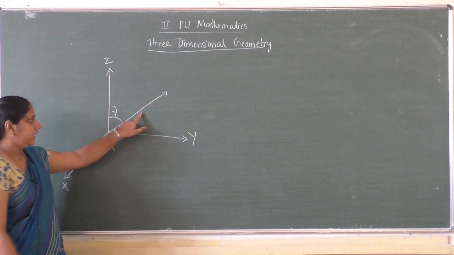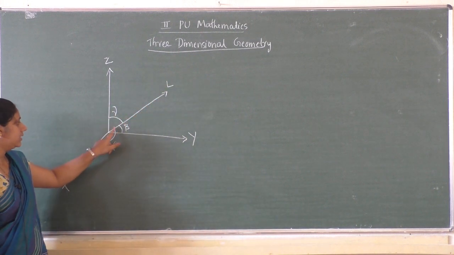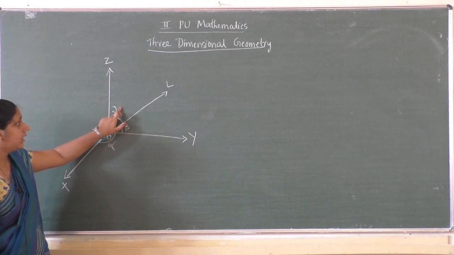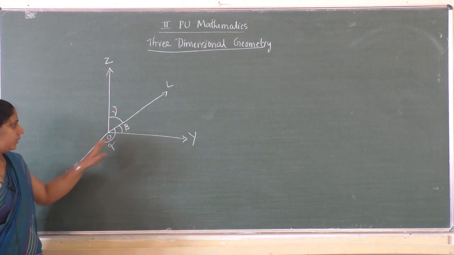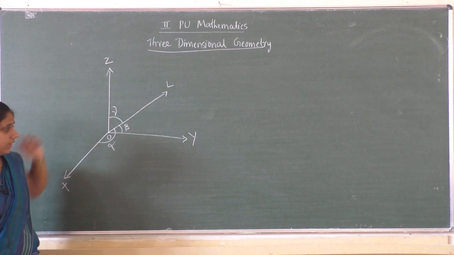A directed line, I will take it as L, which makes angle alpha, angle beta and angle gamma with the positive direction of x-axis, y-axis and z-axis respectively.